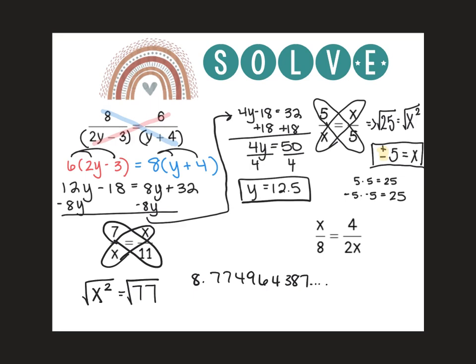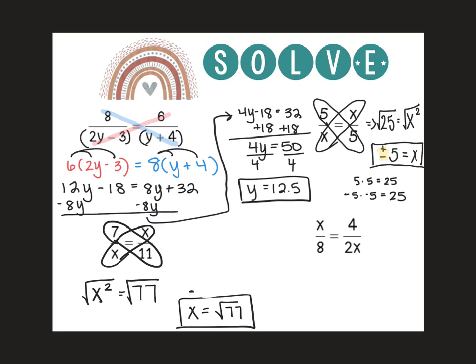And again, we don't want to round, so it's best to just leave this as x equals square root of 77. So don't round. If the answer is 12.5, it's fine to write that, but we're not going to call this 8.8. That's not going to work out.